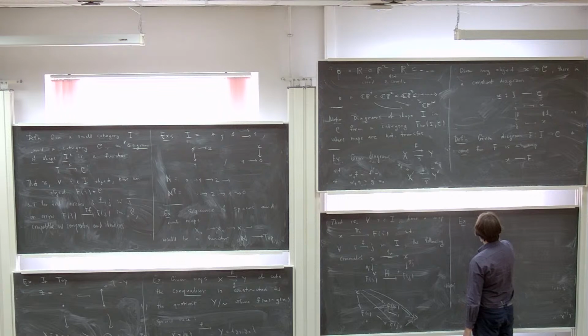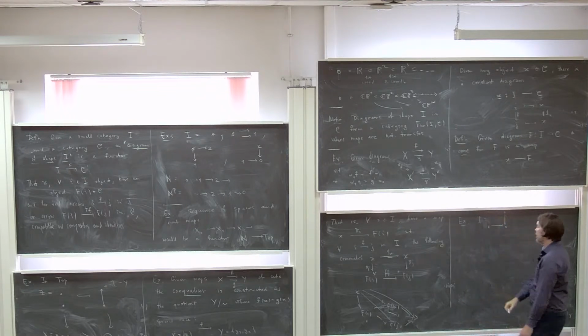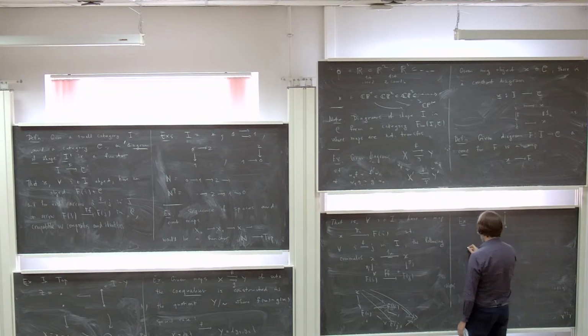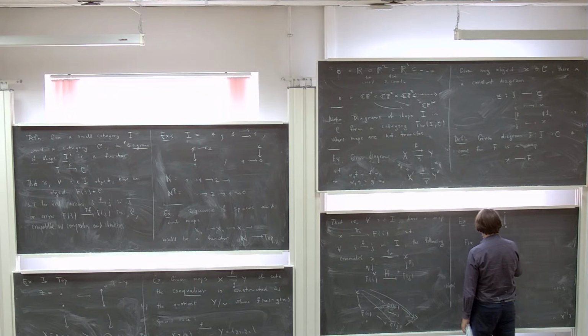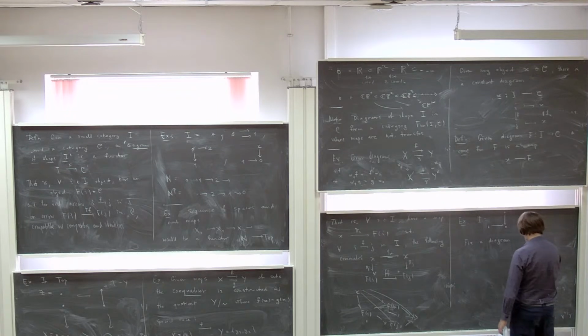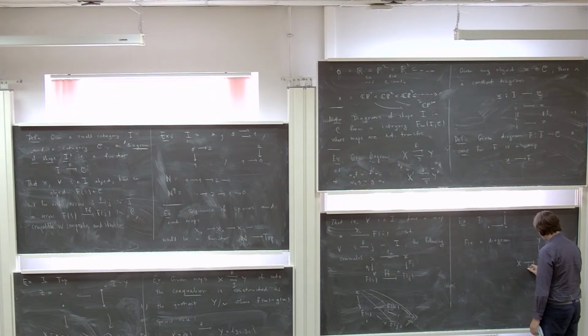So let's let I be this. This was the kind of diagram that we considered when we did pullbacks, right? So let's fix a diagram of sets or topological spaces or anywhere it makes sense. It doesn't matter. Okay. Then what is a cone?